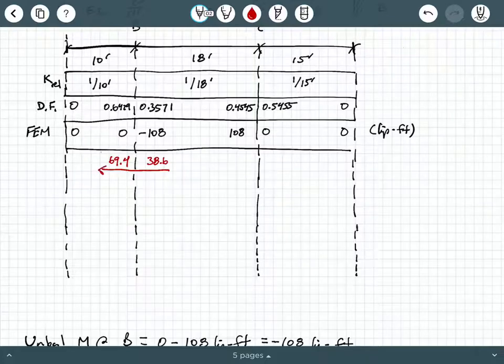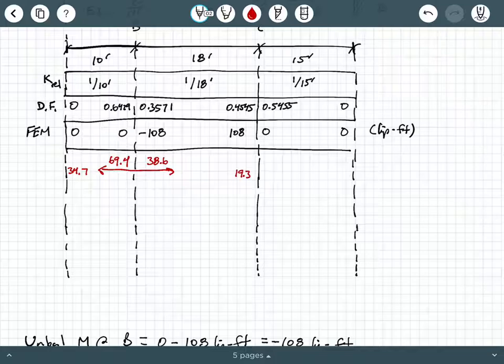And now this is balanced, and half of each of these values is sent to the adjacent support. So what was sent to A? Well, 34.7 was sent to A. And then what was sent over to C? Well, 19.3 was sent over to C.